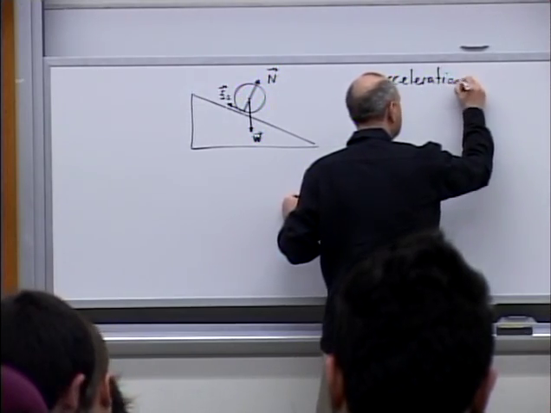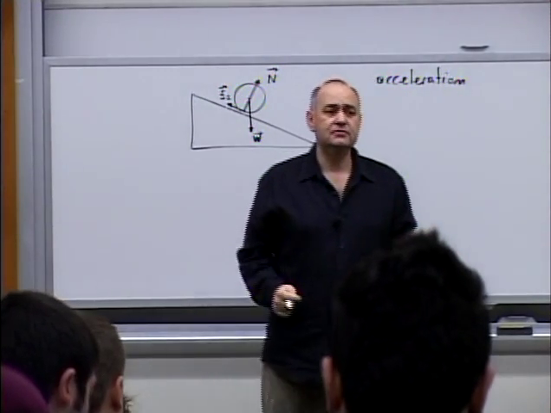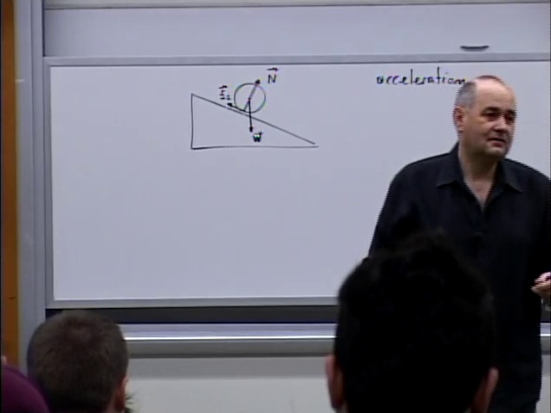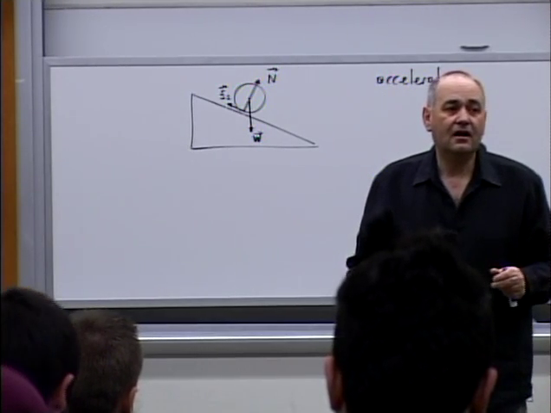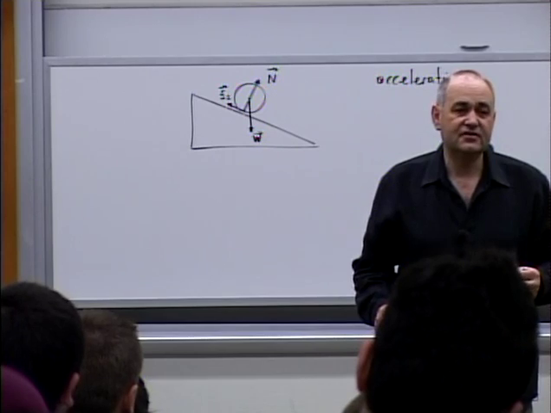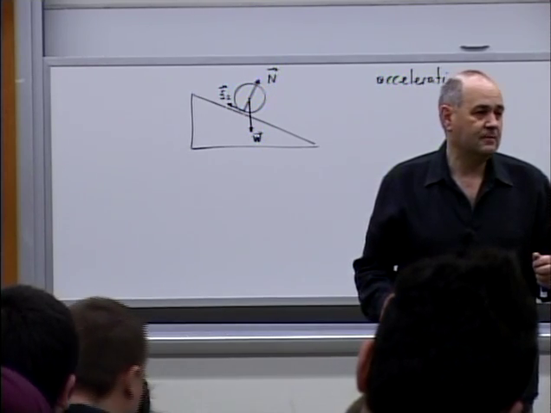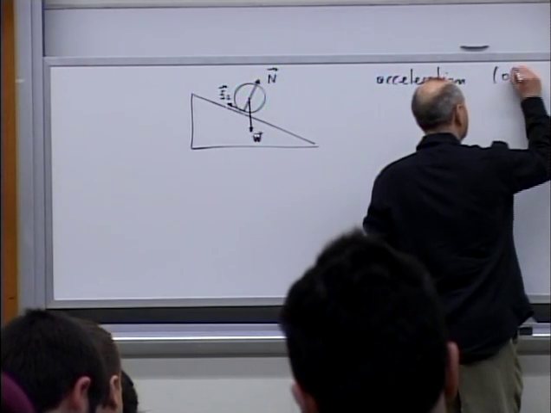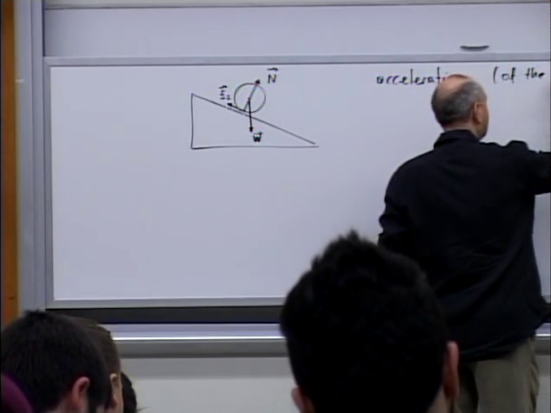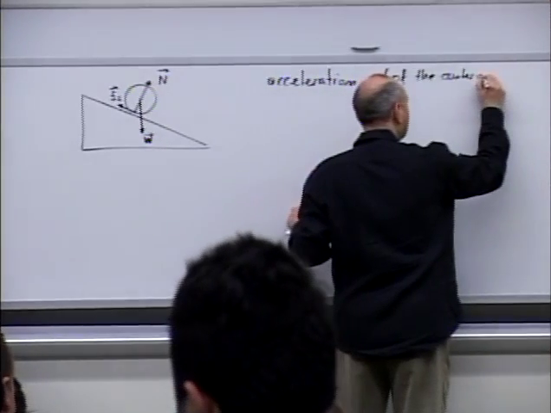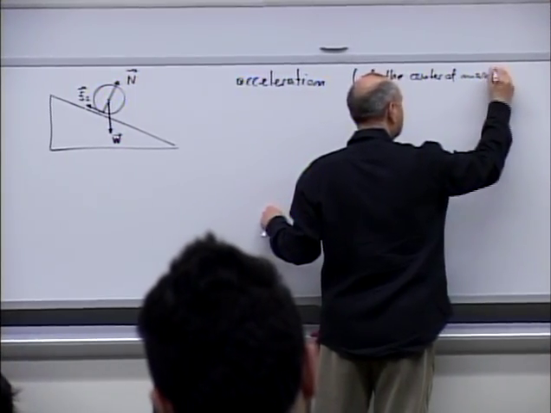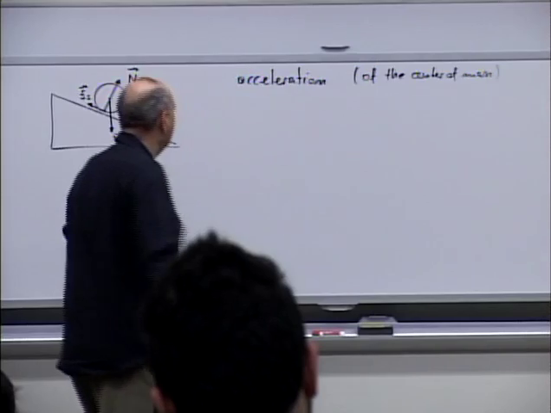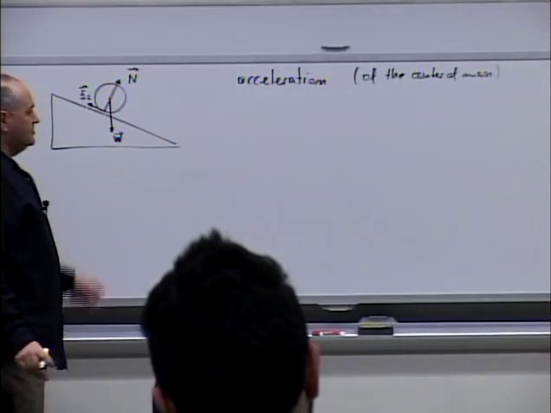And when I mean acceleration, precisely I refer to, what do we mean by acceleration of the center of mass? Correct. So we'll find out how fast this object rolls.